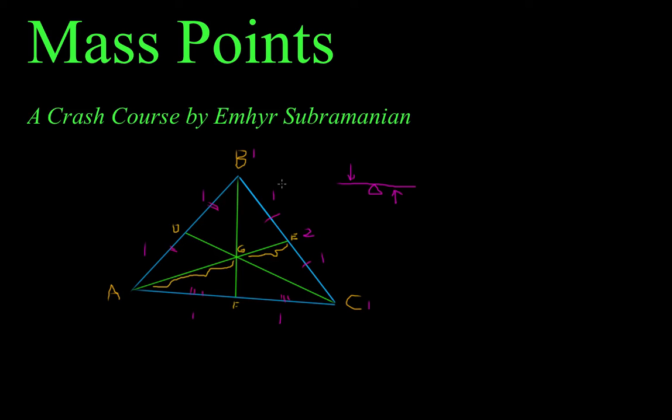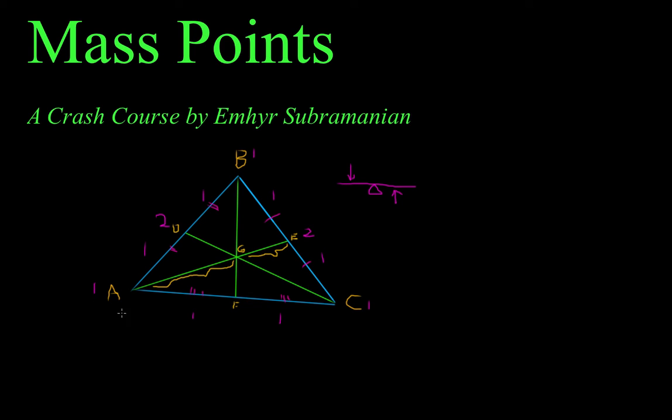Alright, next let's look at AB. We already know B is a weight of 1, so in this case, A is also a weight of 1. Now let's say B was not a weight of 1, let's say it was a weight of 2, then A would have to be a weight of 2 since they go by factors. We know that D is a weight of 2 because you add 1 and 1.